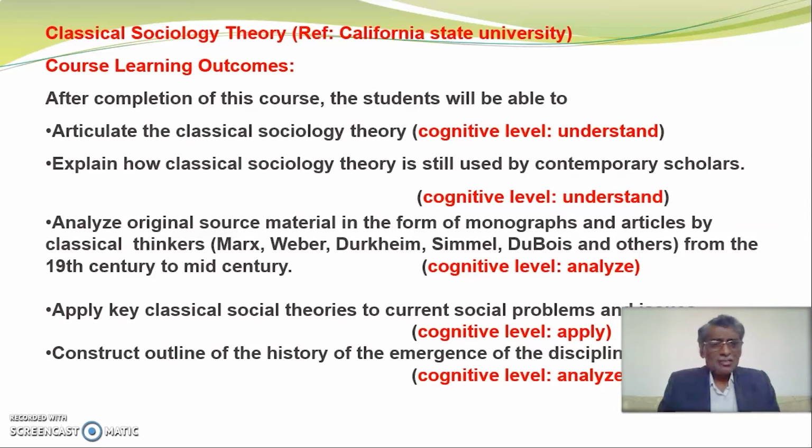This is the cognitive level, analyze level, sir. Right? Apply key classical social theories to current social problems and issues. Again, apply level. Construct outline of the history of the emergence of the discipline of sociology.